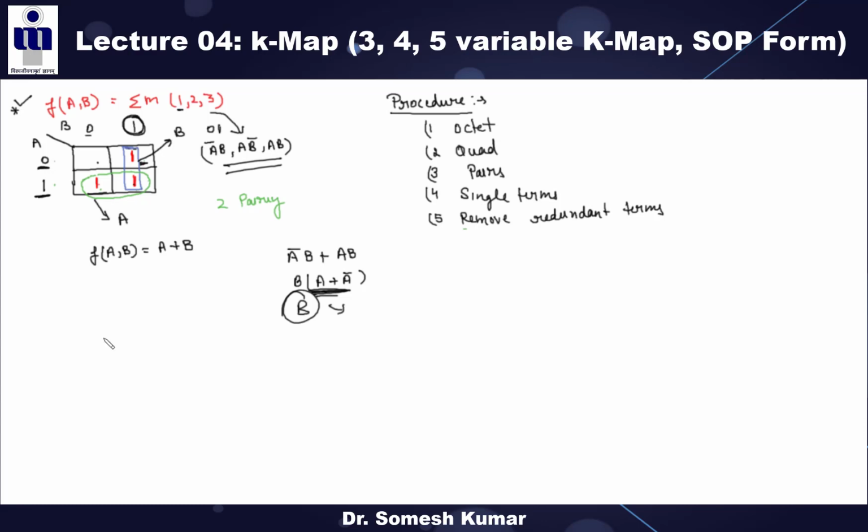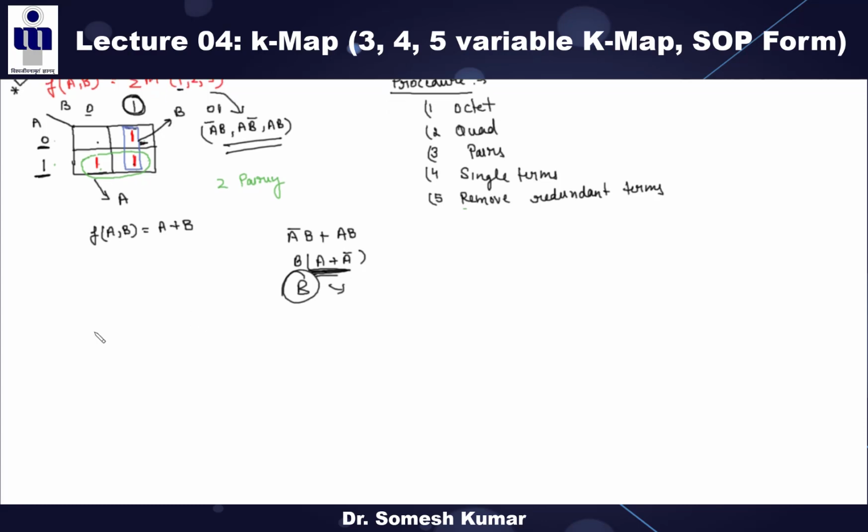Understand? We will take the second example here. Our function is given as F(A,B) equals A bar B bar plus AB plus A bar B. We have to simplify this using the K-map. How many variables are there? 2 variables.